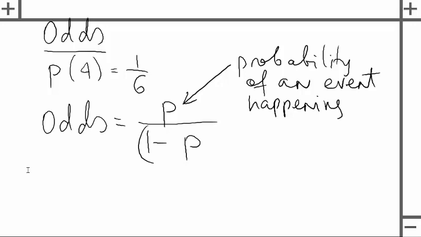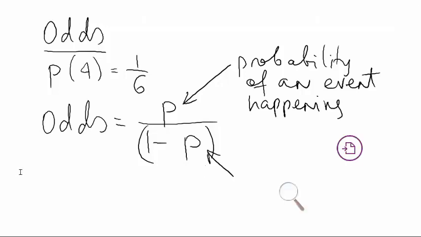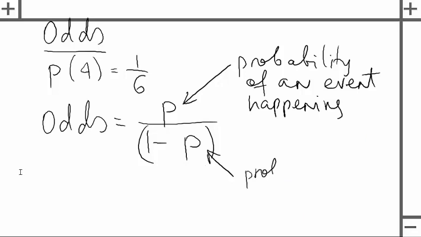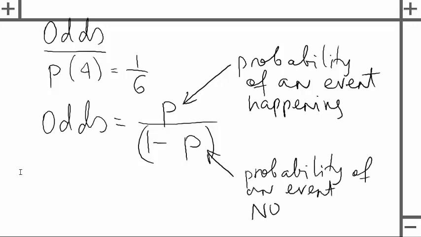And what do I have in the denominator? Tell me. Probability of event, 1 minus p, not happening, right? So this is probability of an event not happening. Okay, simple as that.